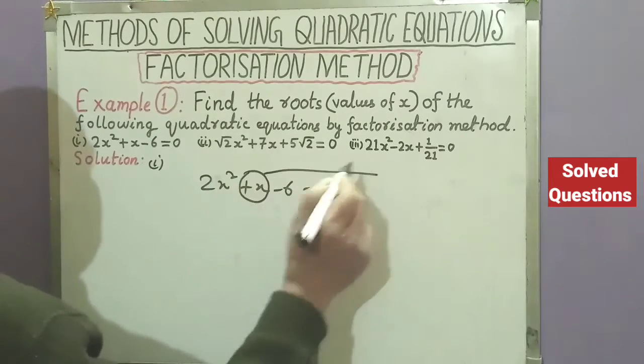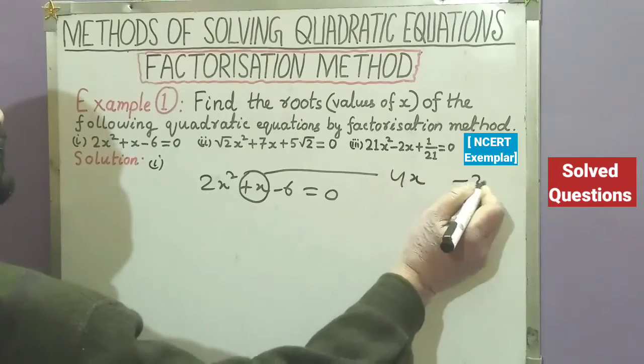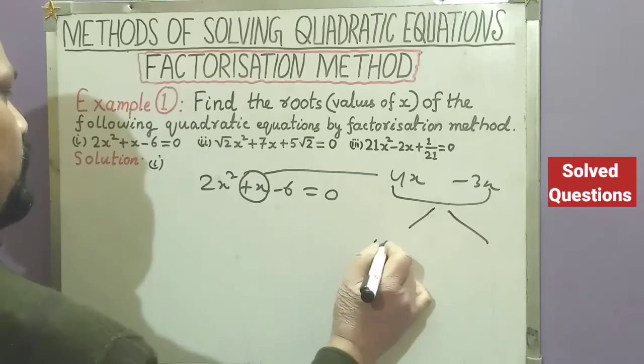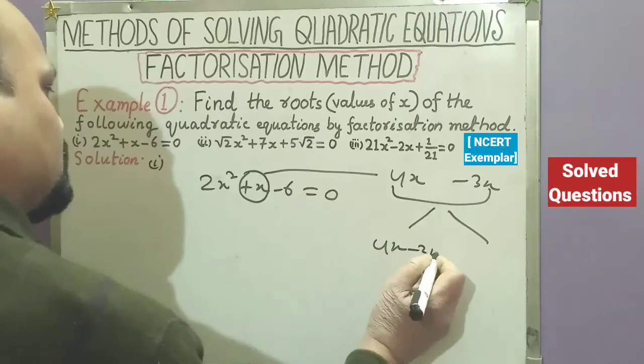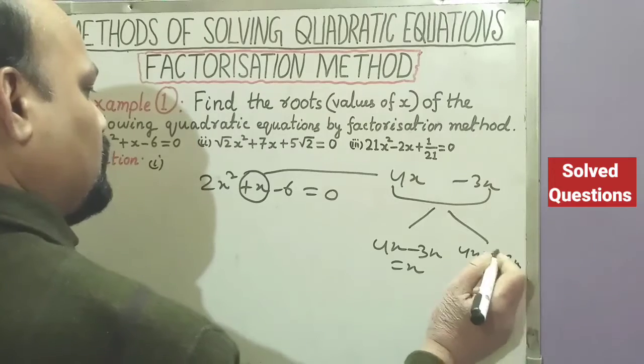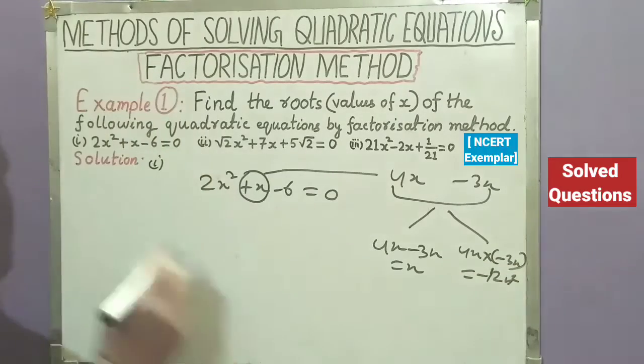Now split the middle term +x into two parts, that is 4x and −3x, such that the sum of these two terms, 4x − 3x, equals x, the middle term itself, and 4x × −3x equals −12x².